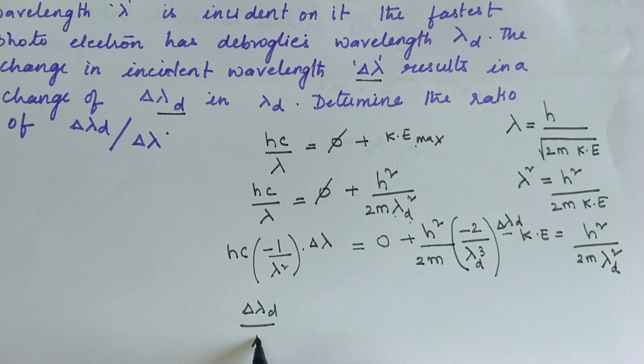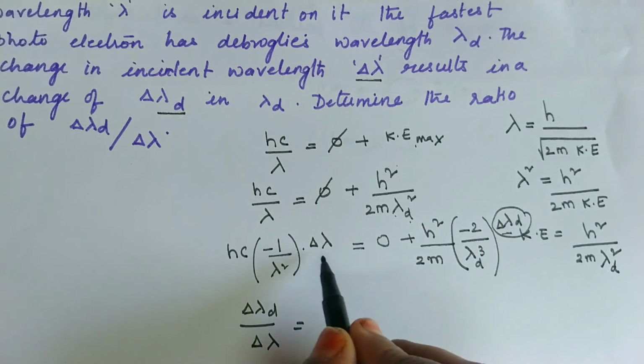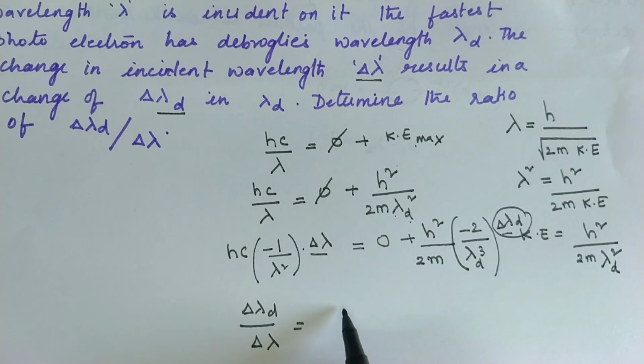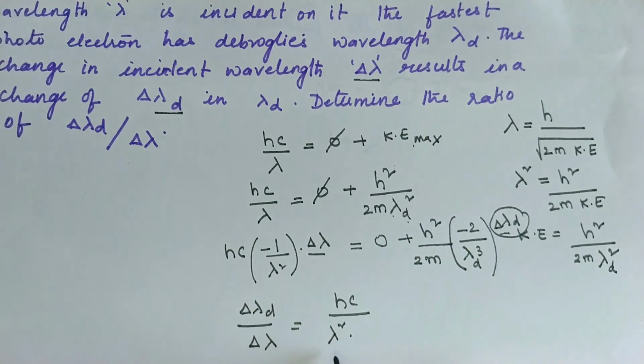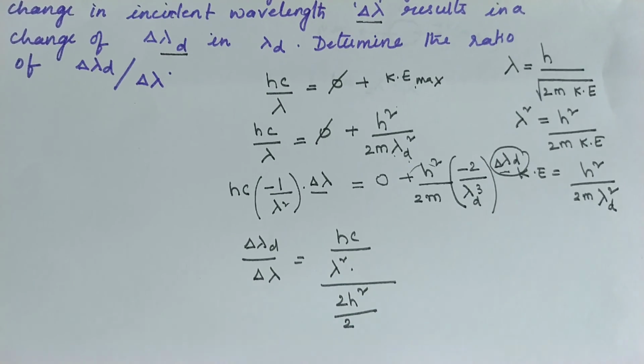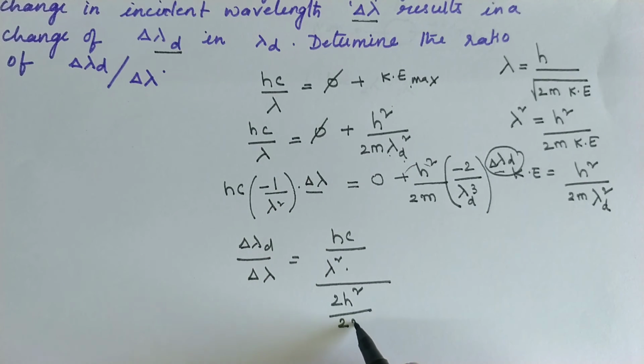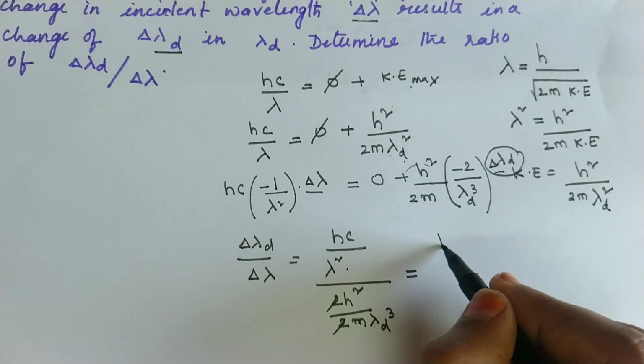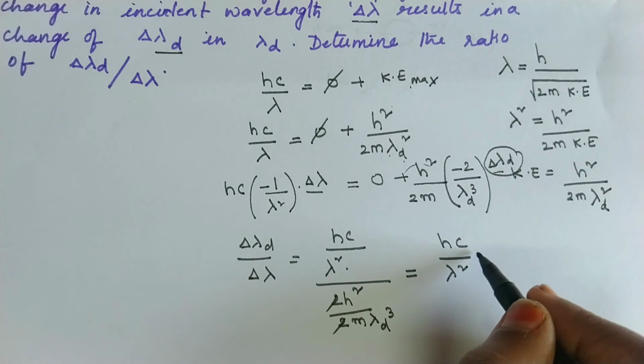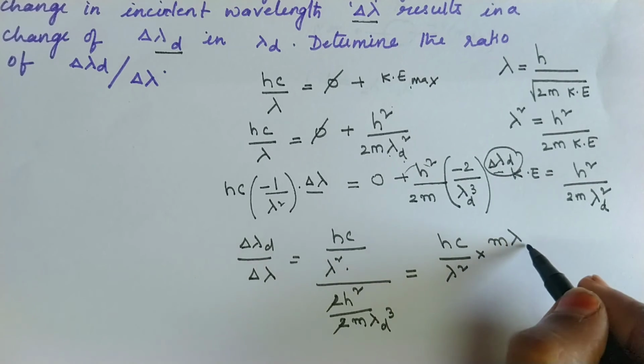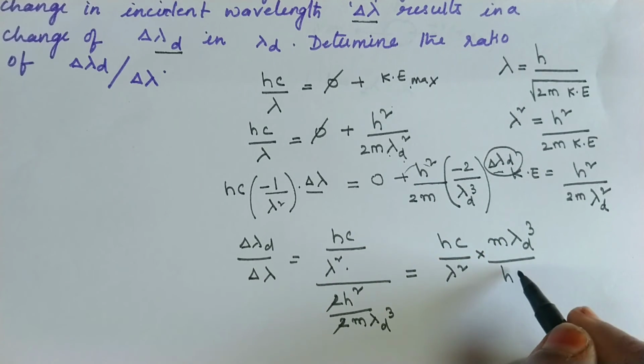Delta lambda d by delta lambda, this term by this term should be, minus will anyway get cancelled, hc by lambda square, bring it to the denominator, whole divided by these terms, that is 2h square divided by 2m lambda d cube. 2 and 2 will anyway get cancelled, reverse the fraction, hc by lambda square into m lambda d cube divided by h square.